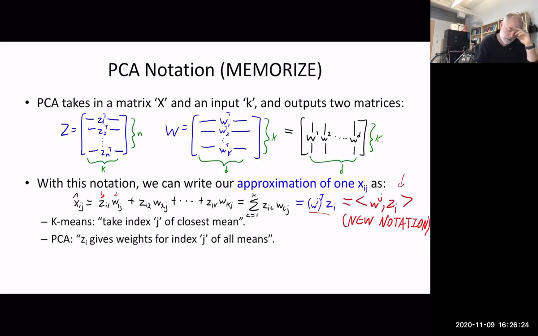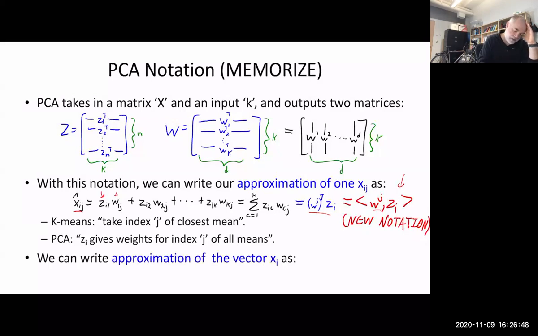We're going to construct a particular entry by taking the inner product between W column j and Z row i. Okay, at the end of the day, that's what's happening. And in K-means, you take the index j of the closest mean. In PCA, Z gives you the weights for index j of all means.